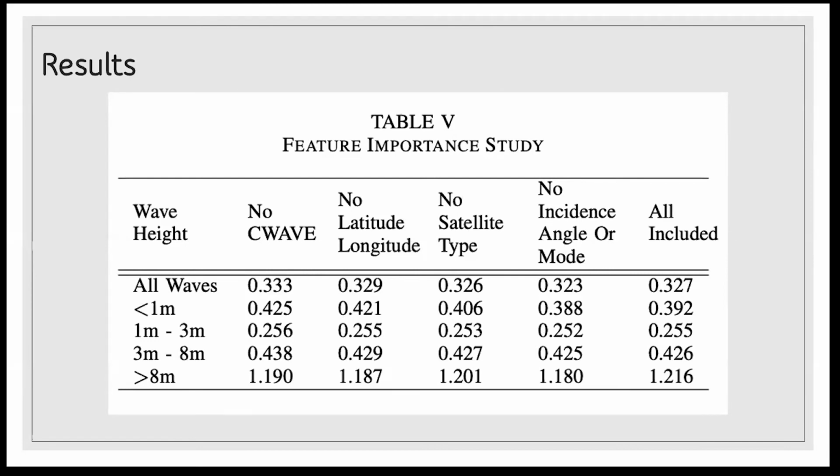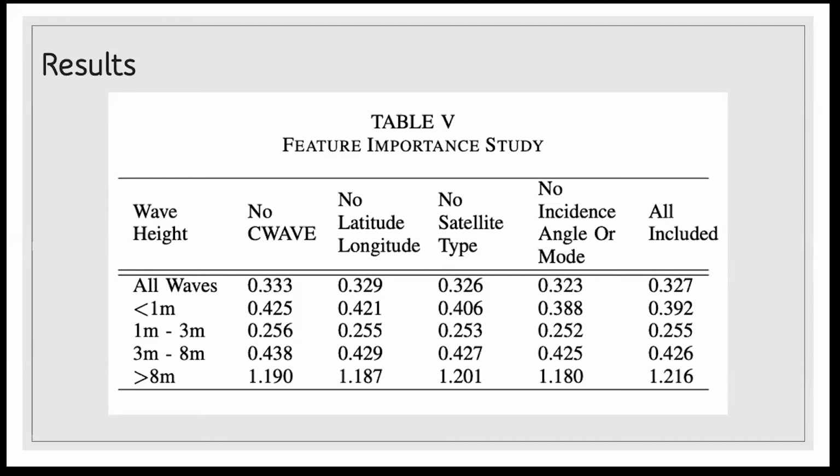Then we look at when we remove incidence angle or mode of data collection and satellite type. Clearly for both of these, we don't have much of a change. In fact, it gets slightly better, which can be attributed to the noise of training such a highly complex problem. But it's exactly as we saw in our previous results, where the platform and incidence angle did not have much of an effect on our performance.